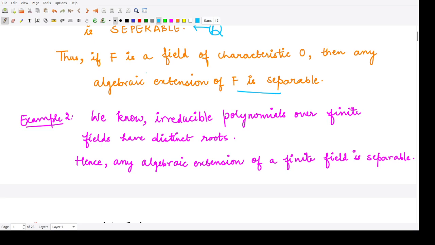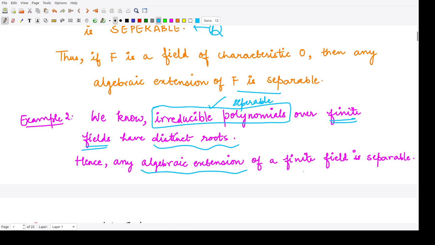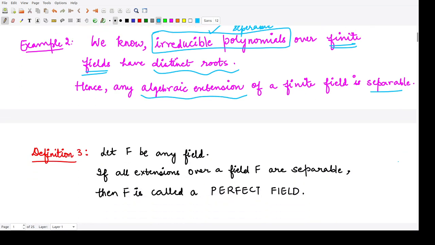This we have seen in previous results: any irreducible polynomial over a finite field has distinct roots. If all the roots of the polynomial are distinct, then the polynomial is separable. So whatever extension field it has, it is algebraic and hence separable. This is another example that you could see.